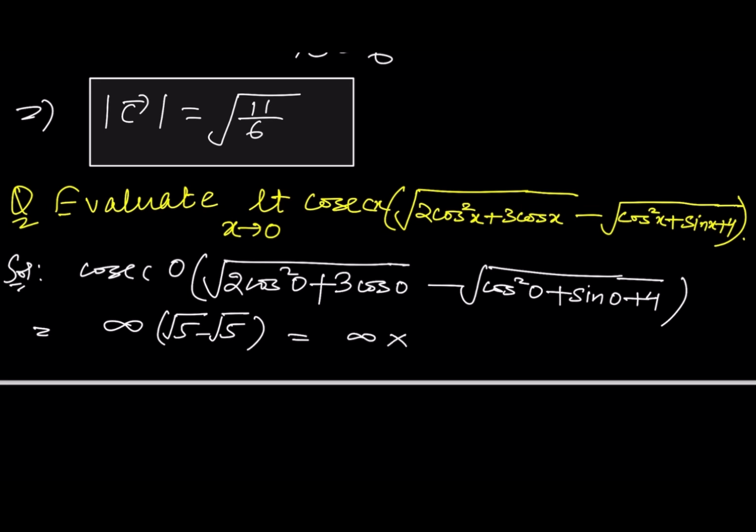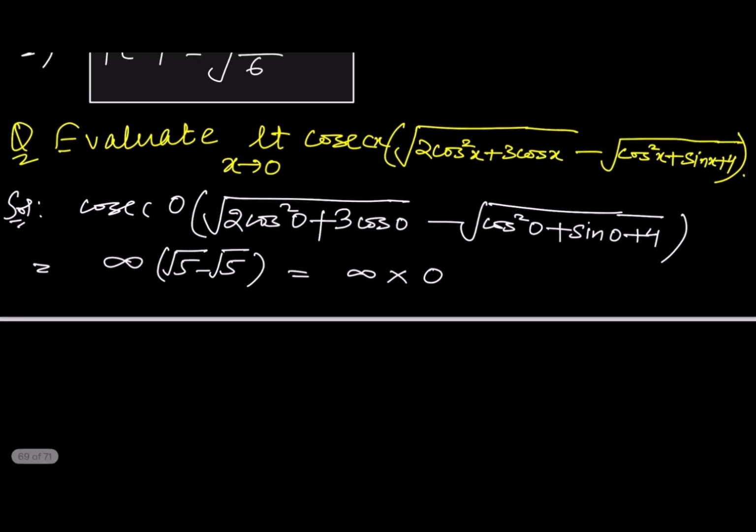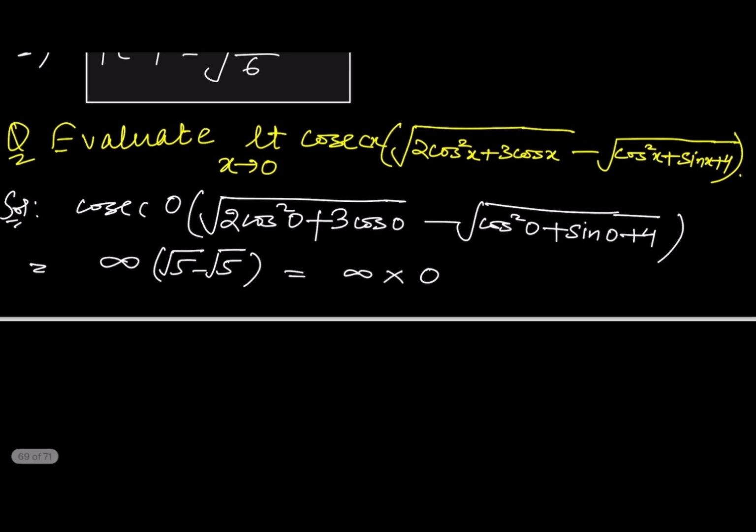So it will become infinity into 0 form. If the form is infinity into 0, then I first make this form as 0 by 0 or infinity by infinity. And for this purpose, I would take cosec x in the denominator. So cosec x becomes sin x.